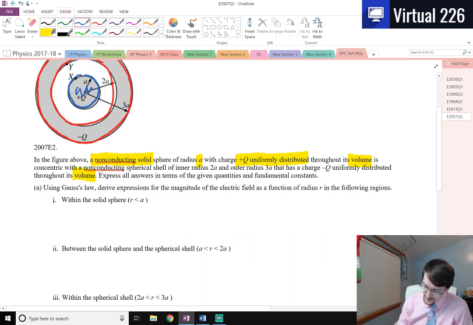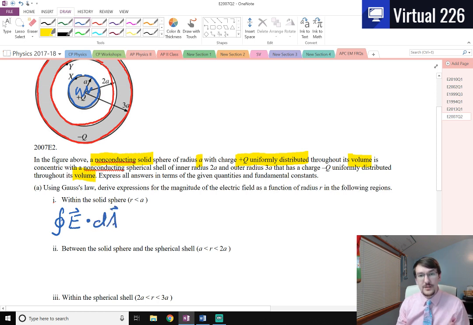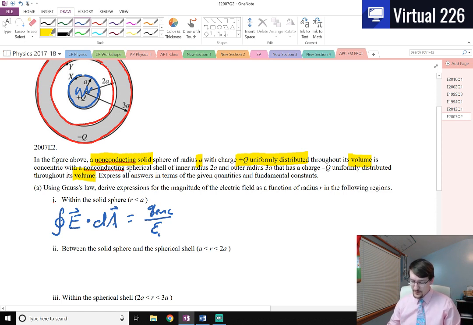So Gauss's law states that the closed integral of an electric field dotted through an area, and this just equals the flux, what flux is passing through this area, is equal to the charge enclosed inside that area divided by epsilon naught, the permittivity of free space.